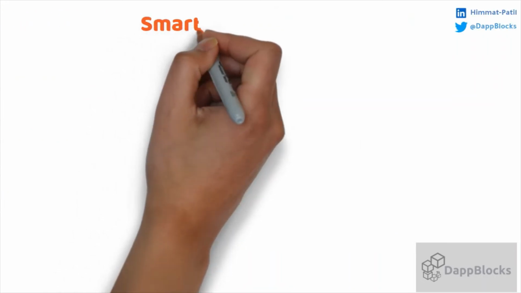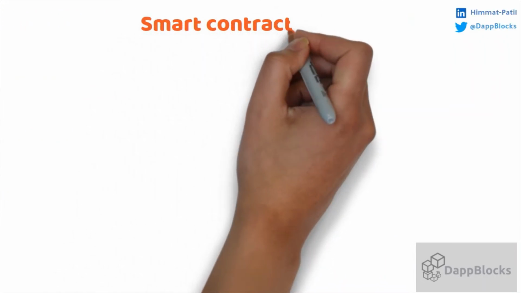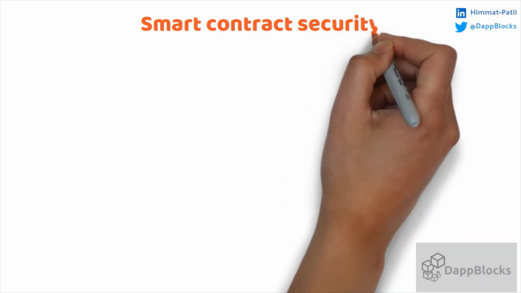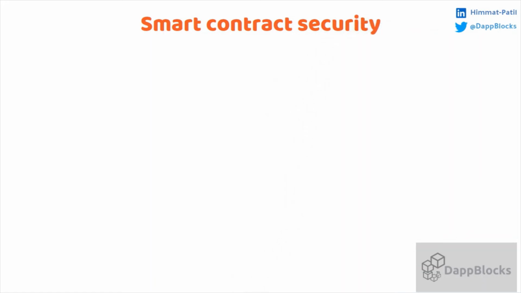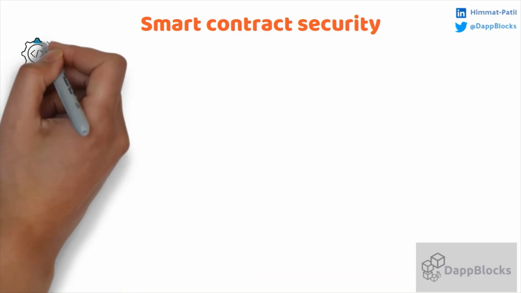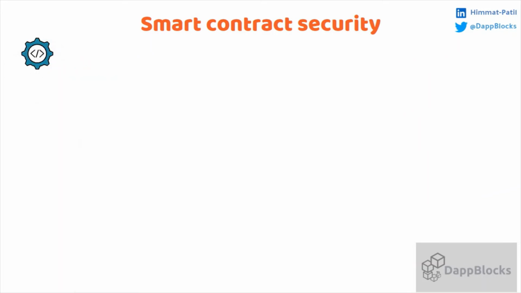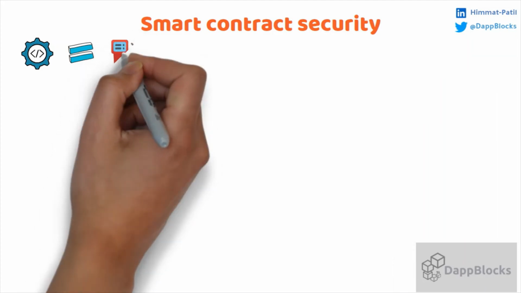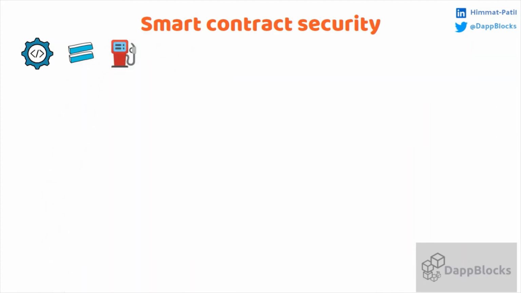Smart contract security. There are many security attacks in the crypto world. This all happens only because of smart contract issues and loopholes in the smart contracts. You should be very careful while writing your smart contract code. Each line you write in the smart contract directly impacts your gas fees requirement. So your smart contract should be very simple and high quality code.